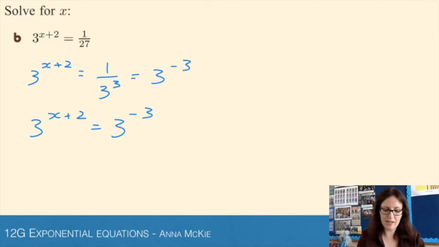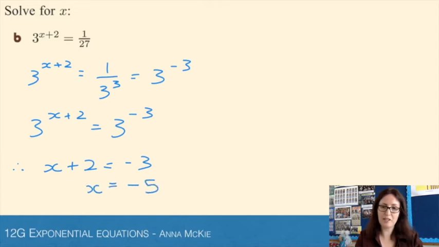Now we can see the same bases are on the same level, therefore the powers must be equal, and we write x plus 2 is equal to negative 3. We rearrange by subtracting 2 off both sides, therefore x must be negative 5. If you want to check that, you can always substitute negative 5 back in and see if 3 to the power of negative 5 plus 2 is equal to that.